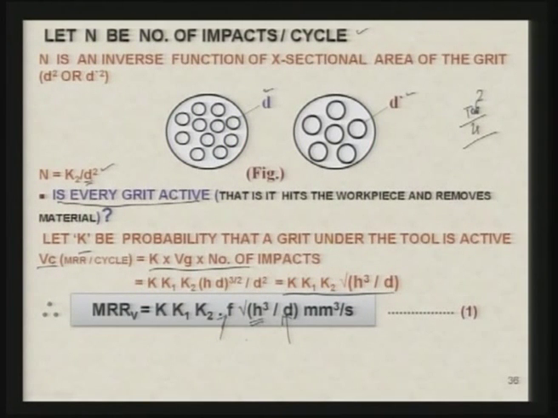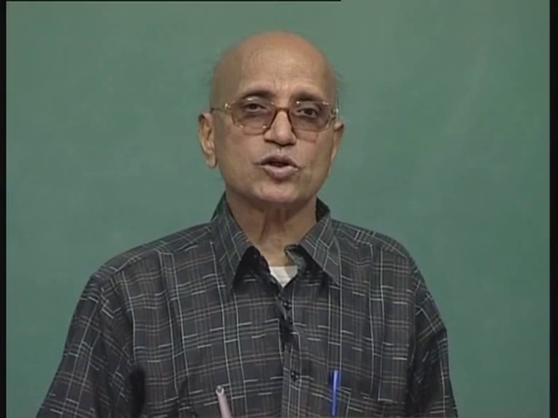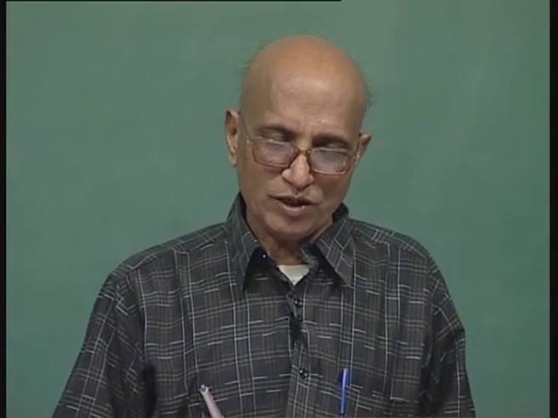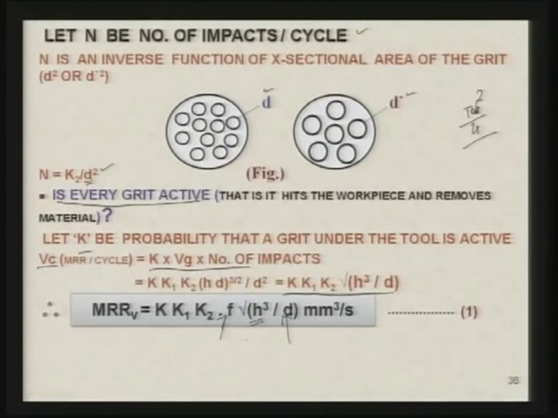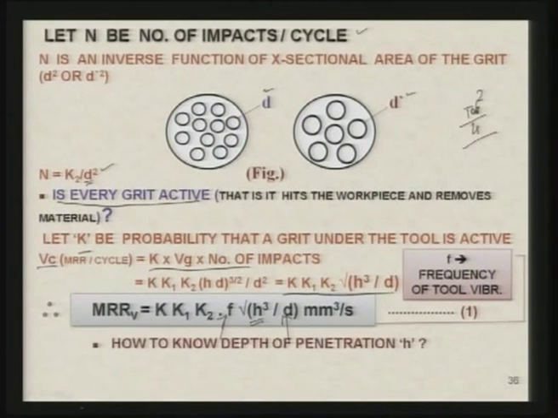Now, h is not known and this h will be different for the two types of model that I mentioned, throwing model and hammering model. So, what we have to do now is find the value of h for the throwing model and hammering model separately, and f is the frequency of the tool vibration we already know. So, the question is how to know the depth of penetration h.